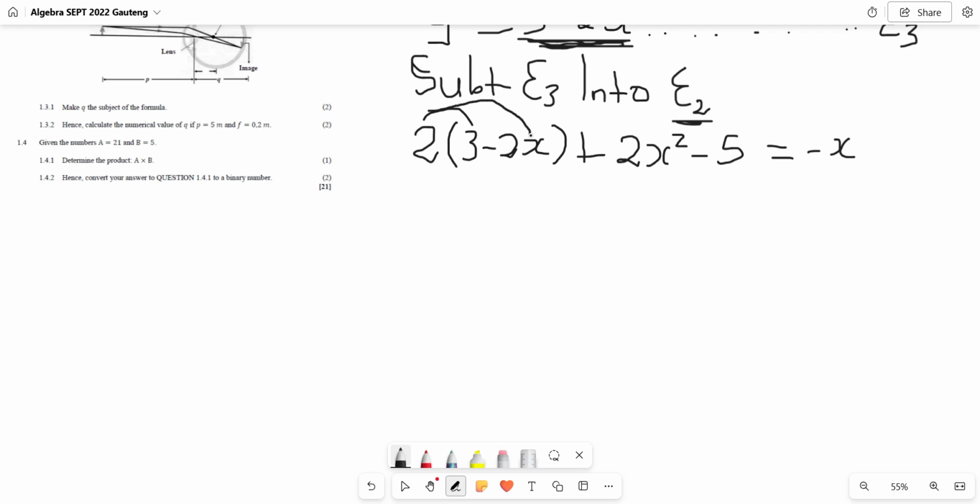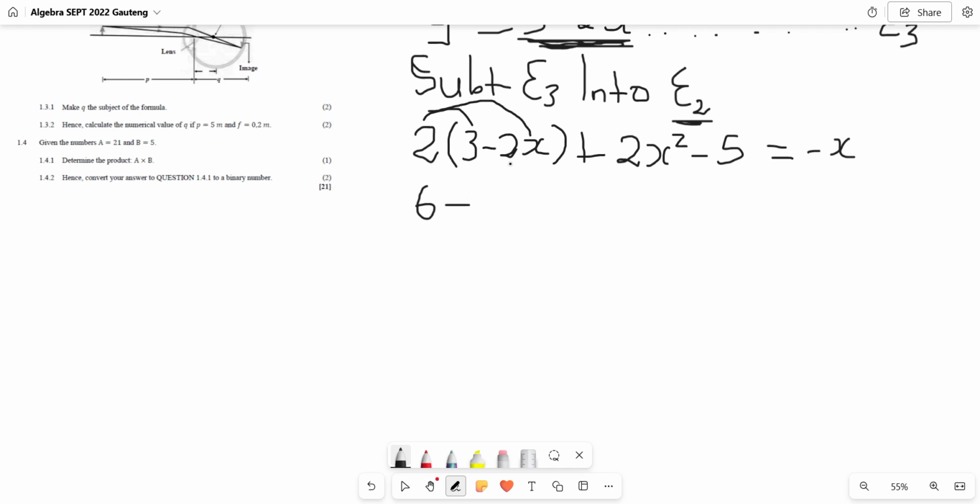We are going to multiply everything that is inside the bracket with the 2. Positive 2 multiplied by positive 3. You can't have anything negative there, so the answer will be positive 6. Then positive 2 multiplied by negative 2x. Where you multiply a positive and a negative, negative always wins.